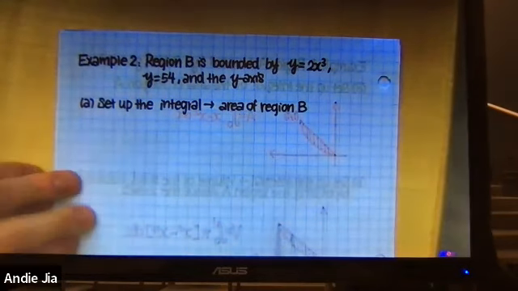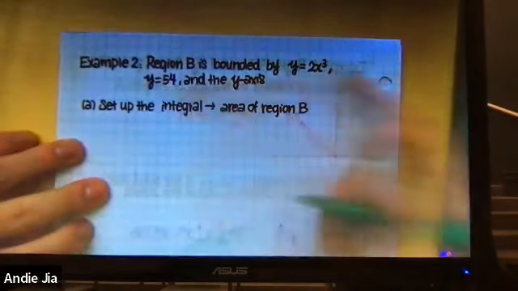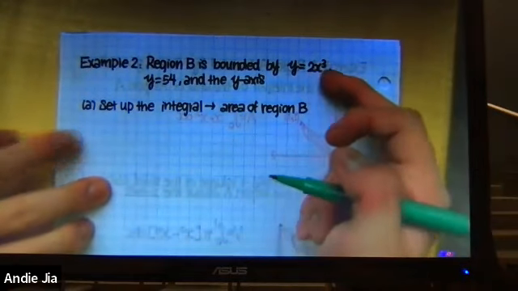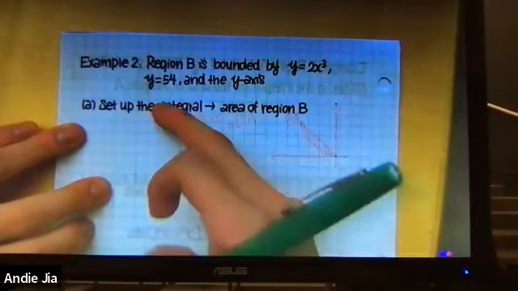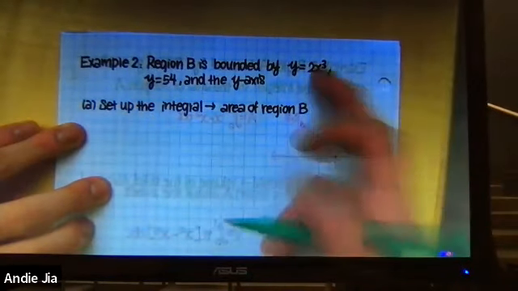Setting y equals 54, we get 2x cubed equals 54, so x cubed equals 27 and x equals 3.